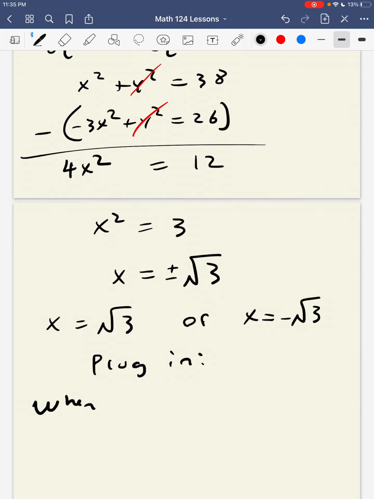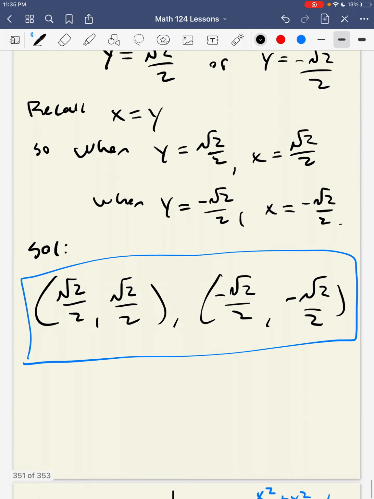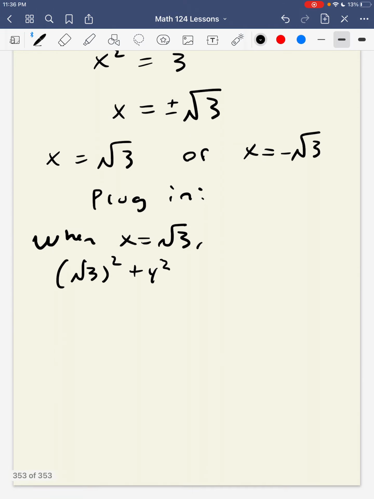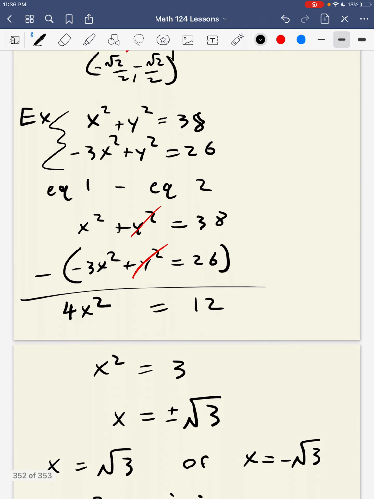When x equals positive root 3, remember, let me go back to the original equation: x squared plus y squared equals 38, by equation 1.